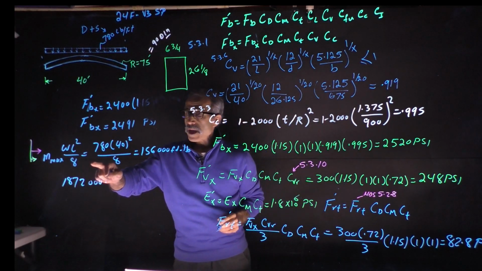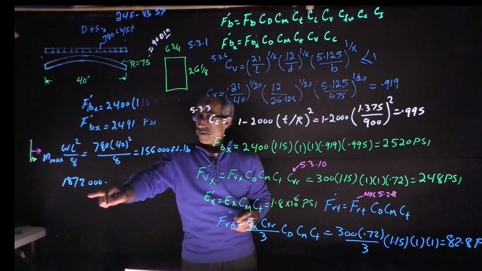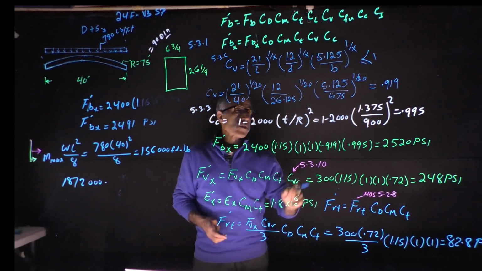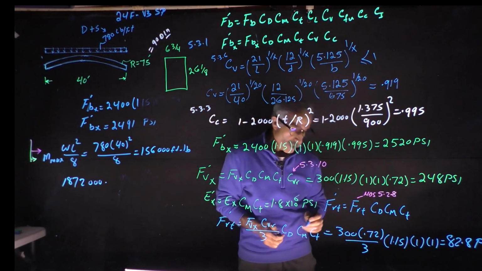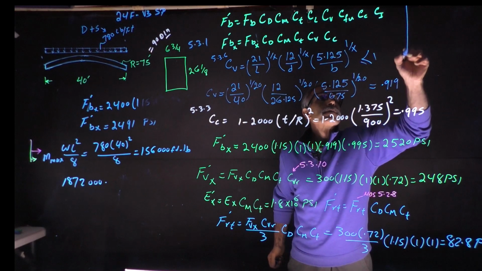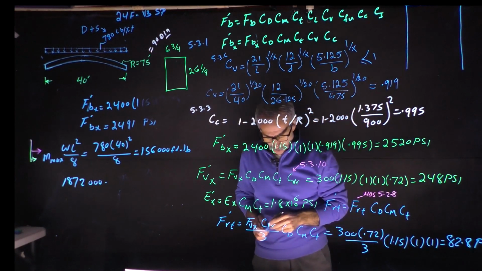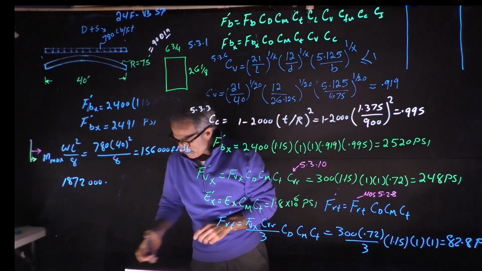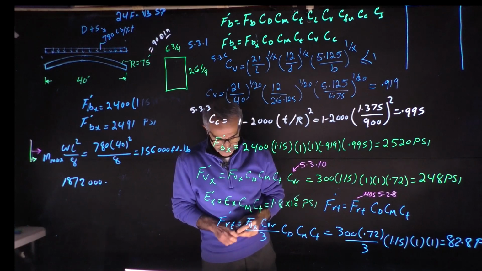Then we have our maximum moment, which we already calculated was 187,000. Okay, so we know that. So let's write down all these stresses. I need them, so I'll use a different color here.